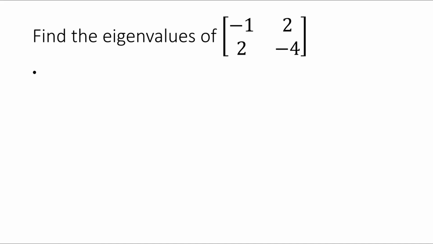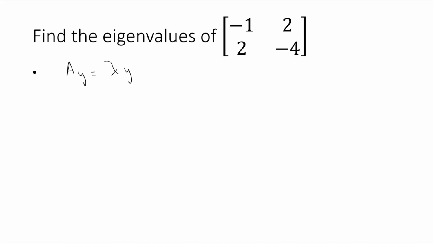If we've got a square matrix, this is the whole thing about eigenvalues and eigenvectors. Do we have a scalar, which is just a number, such that A times Y is equal to lambda times Y?